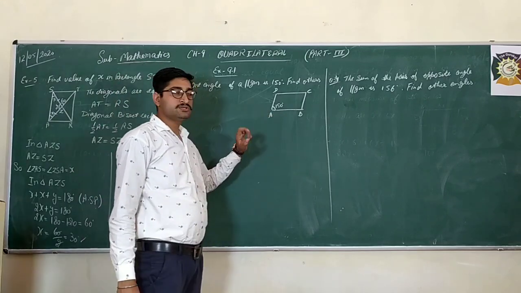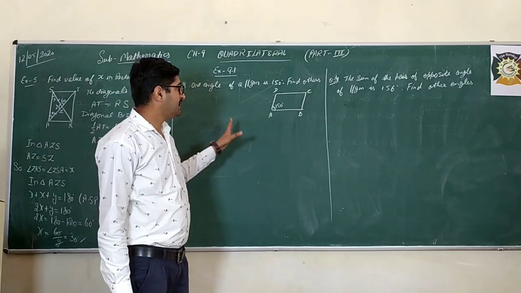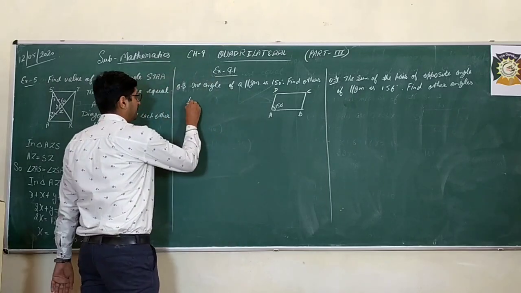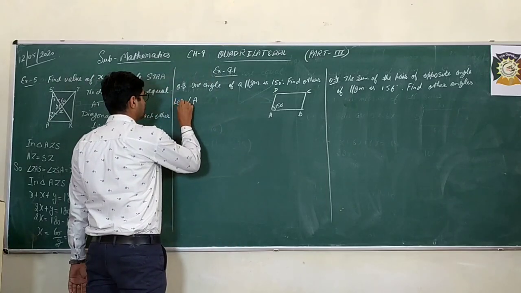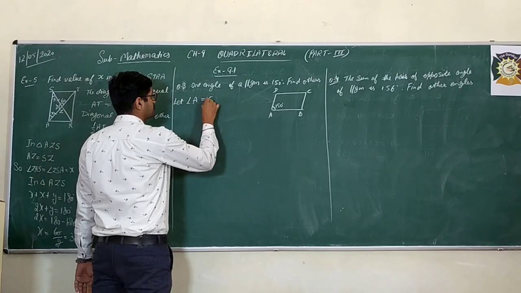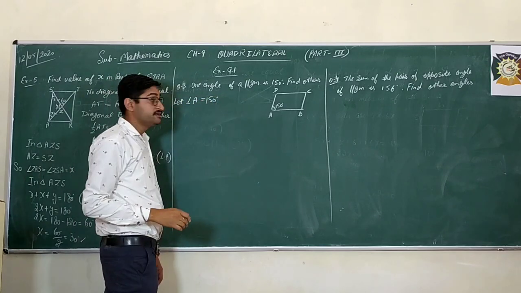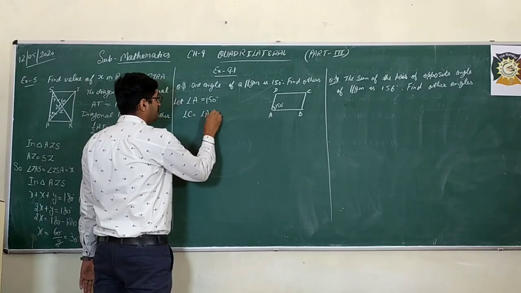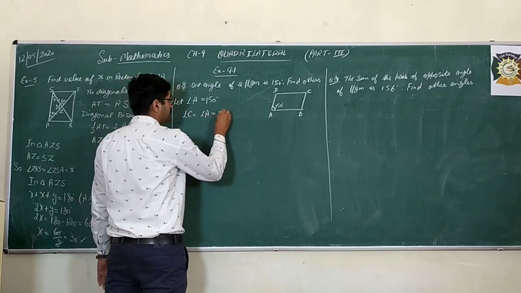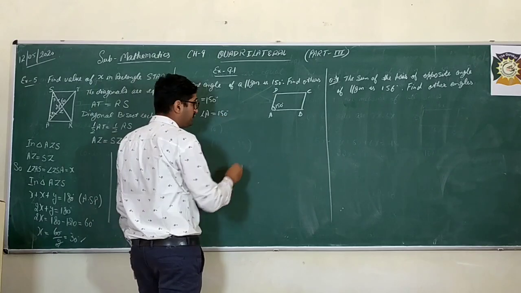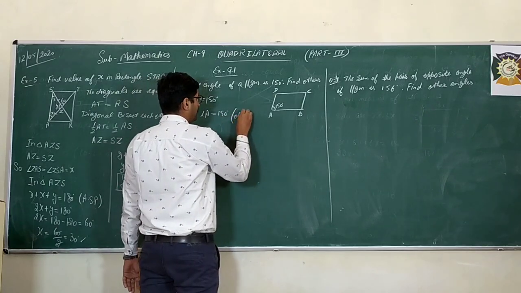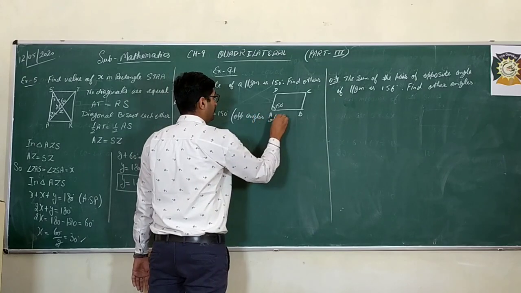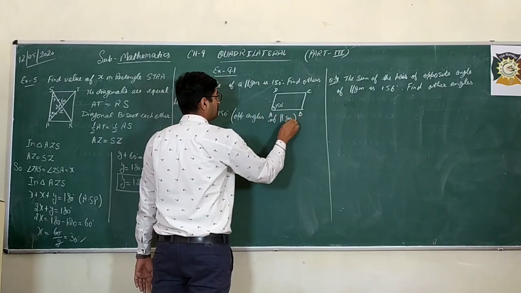Now, we know the properties of the parallelogram that the opposite angles are equal. Here, angle A is equal to 150 degrees. So angle C is equal to angle A is equal to 150 degrees because opposite angles of a parallelogram are equal.